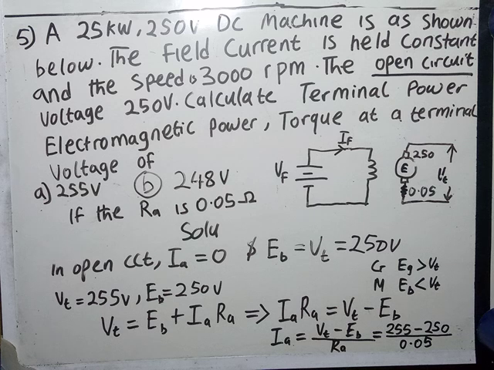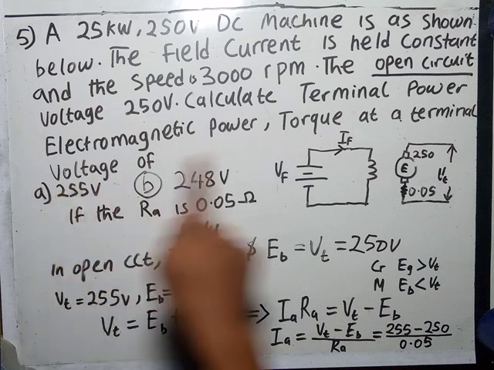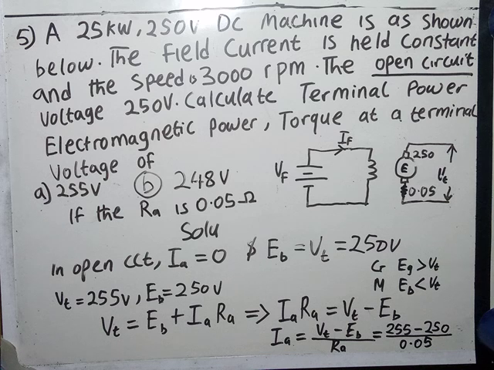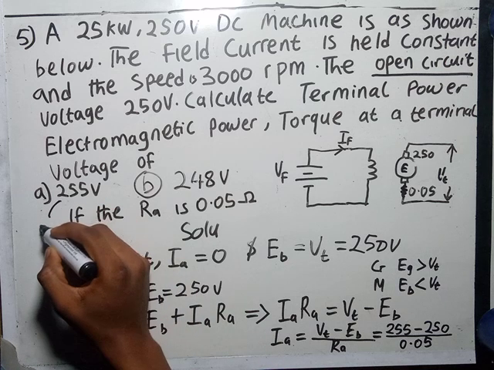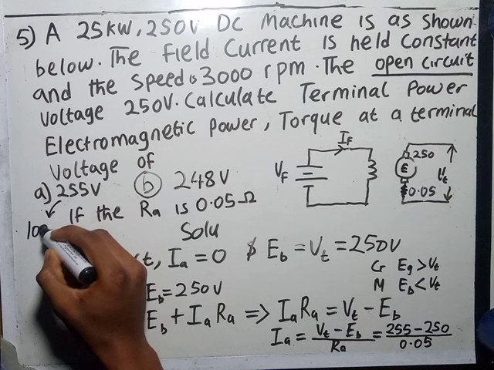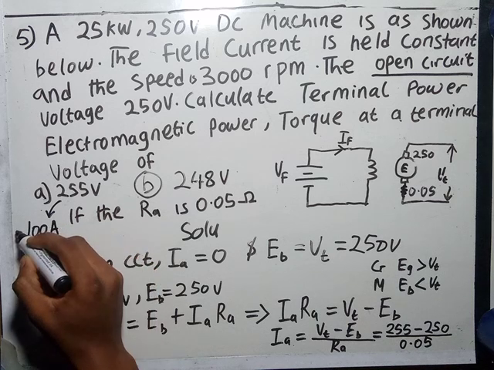The value it gives is 100. So our armature current for Vt equal to 255 is 100. Let's make a sign here. This is 100 amperes for Ia.